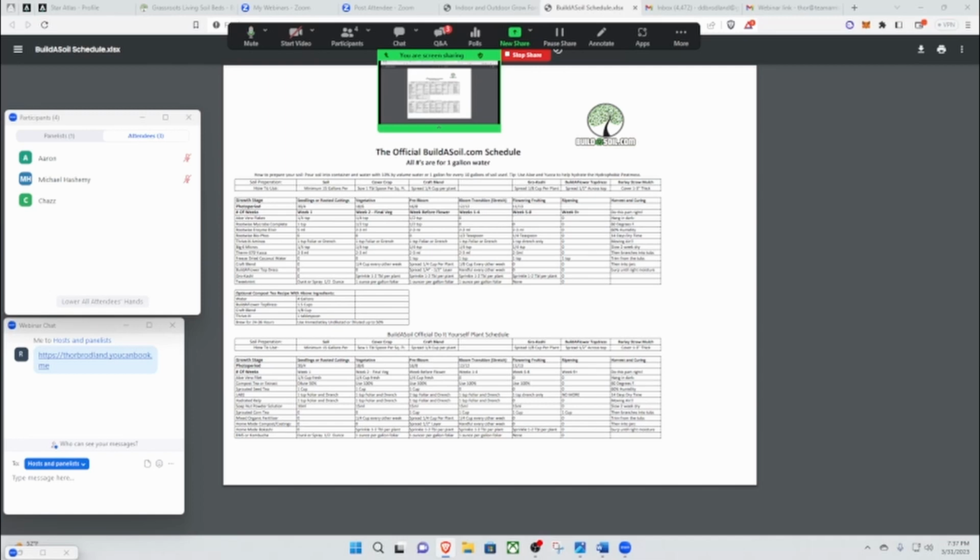Okay. Any questions about that? I hope that was helpful to give you the ideas of how to lay out the actual grows.